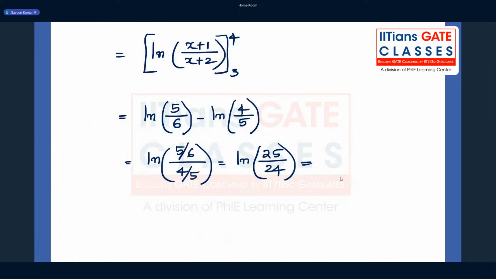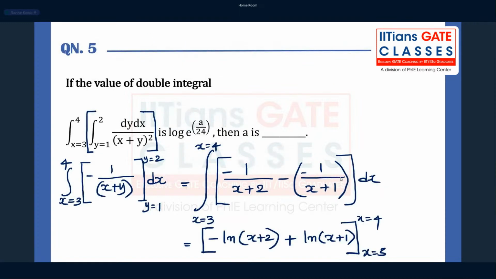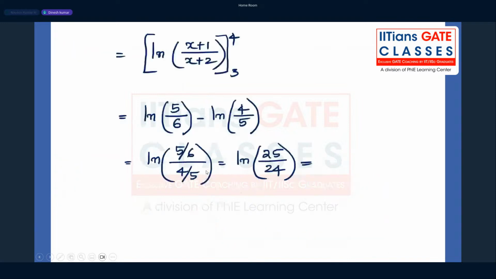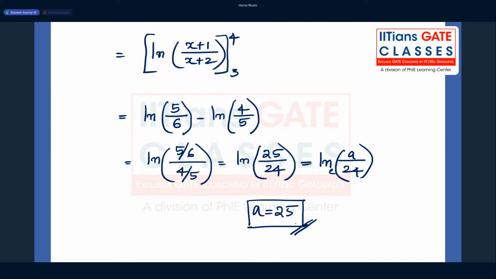No mistake, right? Okay, this is not e, that is ln of a by 24. Yeah, I think it is the base. So ln of a by 24, right? So a is equal to 25. That's it. So this is the answer.